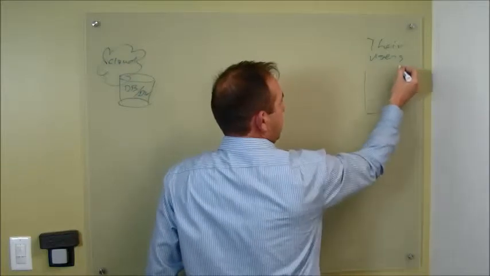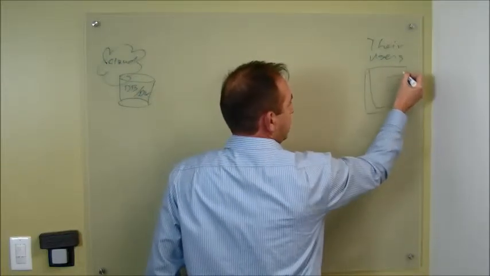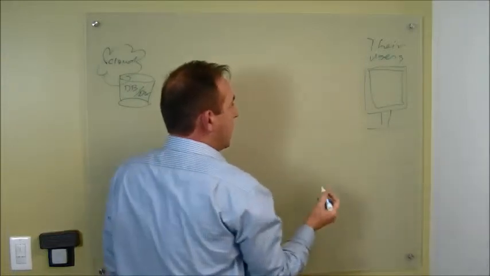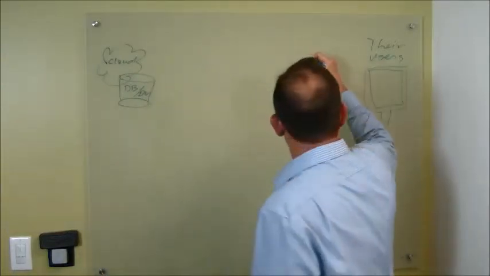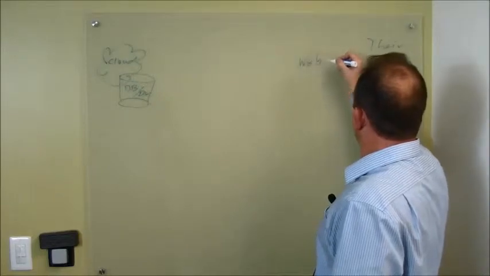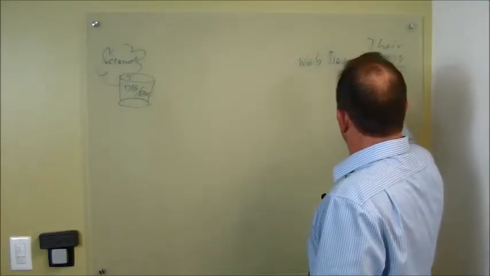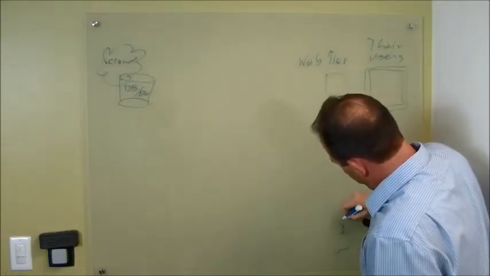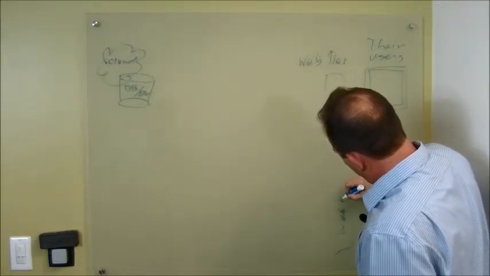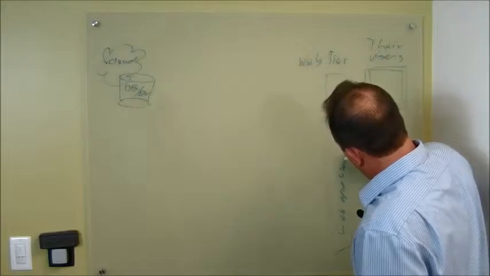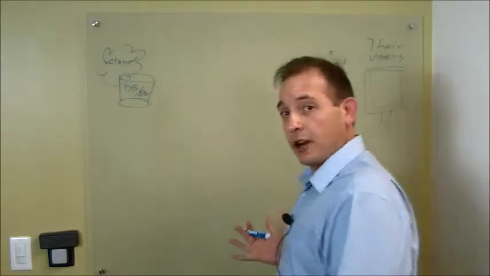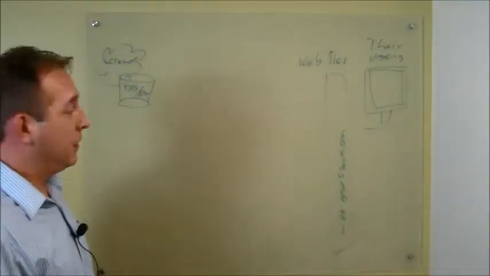I draw this out, typical interface, which is going to be just normal old PC. And then the next element that they're going to have is their web tier. All right, so that's going to be the infrastructure that they already have.